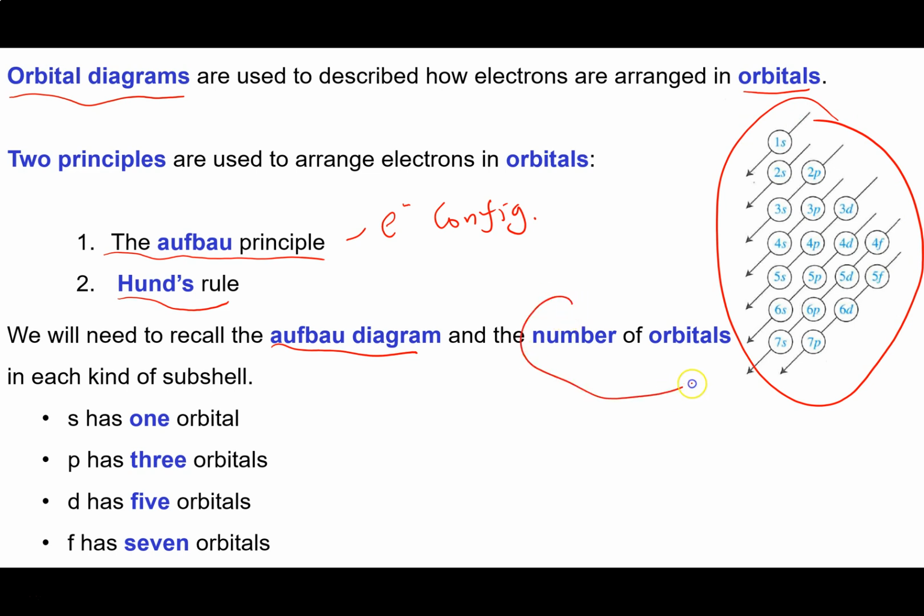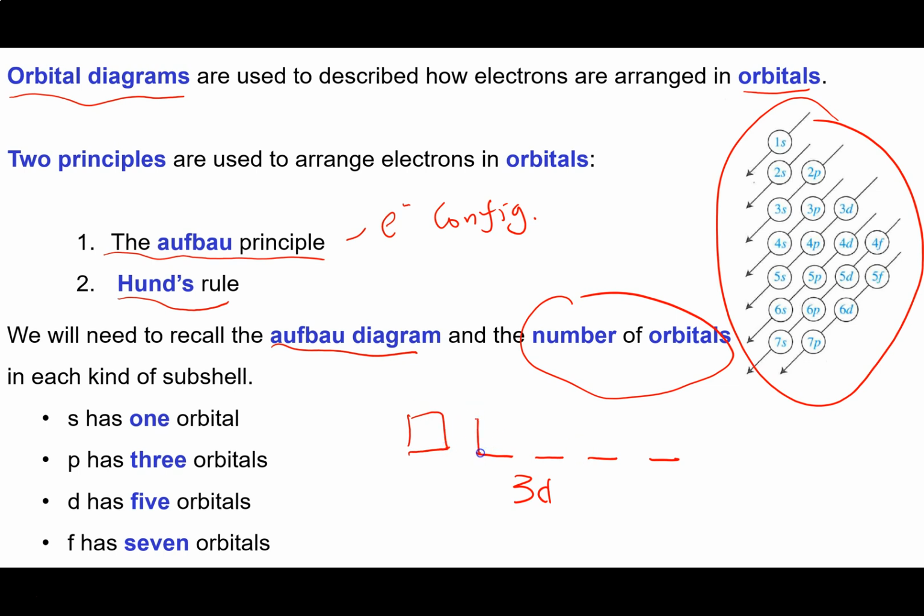And then we need to know the number of orbitals in each kind of subshell. As I mentioned previously, an s subshell has 1 orbital, a p subshell has 3 orbitals, a d subshell has 5 orbitals, and an f subshell has 7 orbitals. Often we'll indicate the orbitals in a subshell by drawing one dashed line for every orbital.